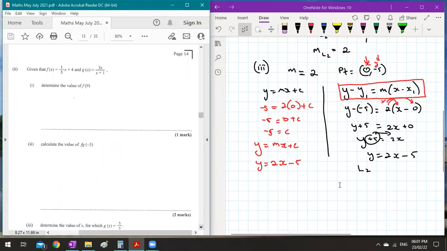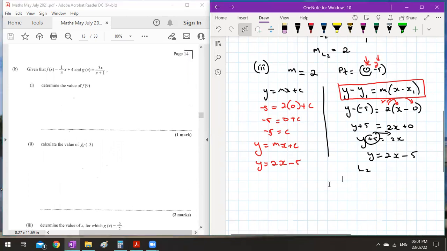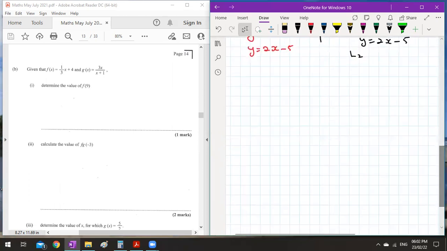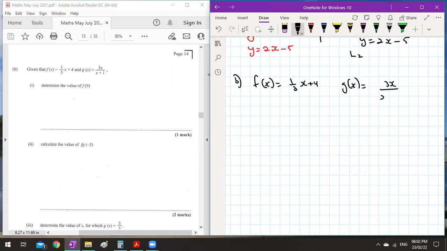Now we're going on to part B. So part B. Given f of x, so we have two functions. f of x is 1/3 x plus 4, and g of x is 3x over x plus 1.